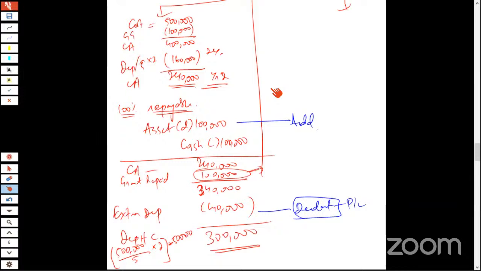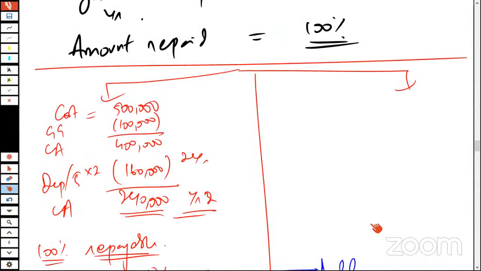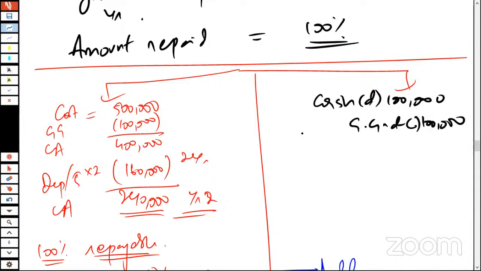Okay, had it been the case where the cash was debited by 100,000 and the government grant credited by 100,000, what would our accounting entry have been then?